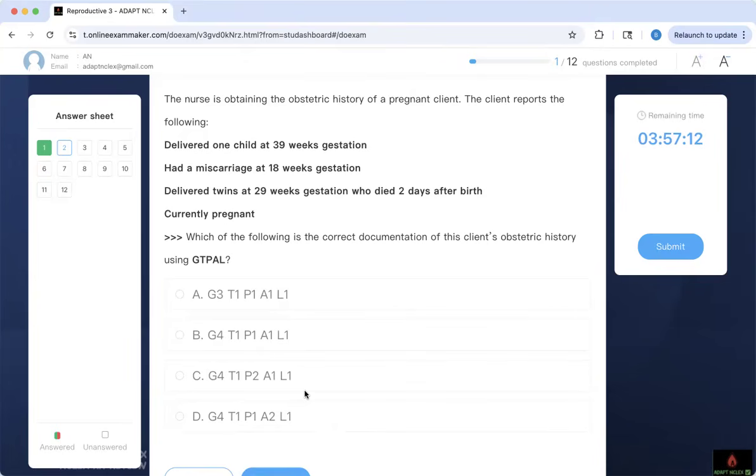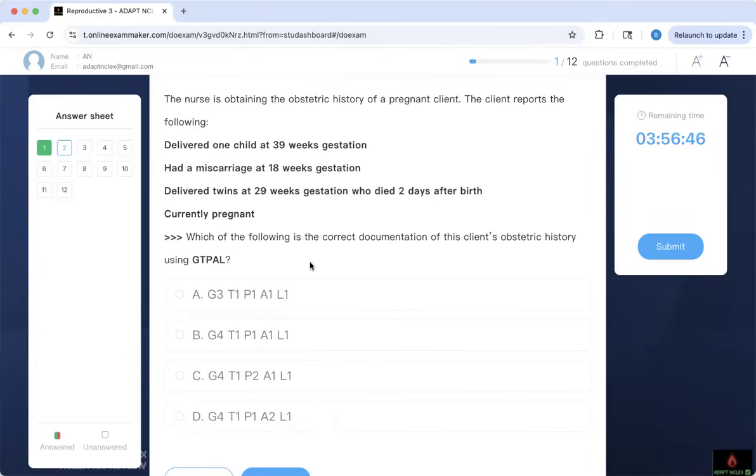The client reports the following: delivered one child at 39 weeks, had a miscarriage at 18 weeks, delivered twins at 29 weeks who died 2 days after birth, and is currently pregnant. Which of the following is the correct documentation of this client's obstetric history using GTPA?